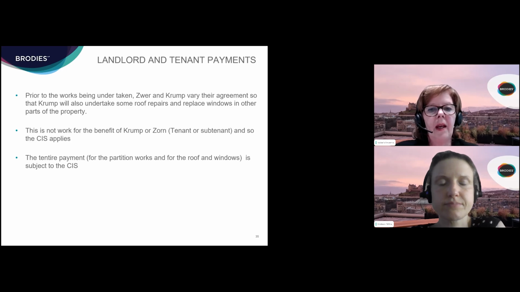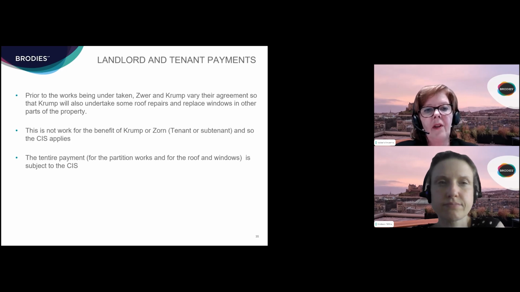So here we have work relating to parts of the property that are not occupied by the tenant or the subtenant. So this isn't for the benefit of the tenant or the subtenant, and so the CIS will actually apply to this. The unfortunate thing in this example is that because the CIS applies to part of the work, it applies to all of it.